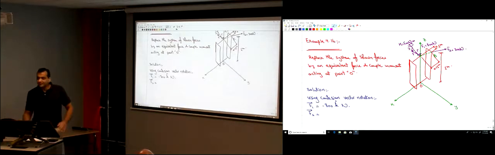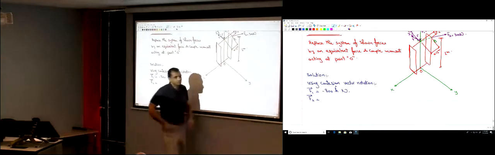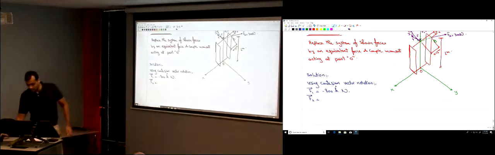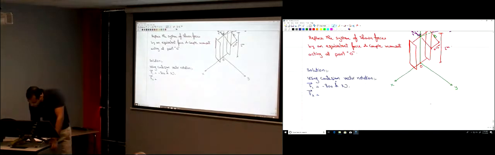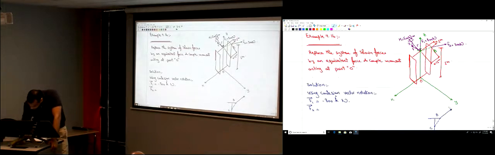Something close. Let's draw this section, okay? So that it would be more clear to you. That's the I-beam. This is point C. This is point B. And that's the force, okay? It's acting along this line, FCB, okay?